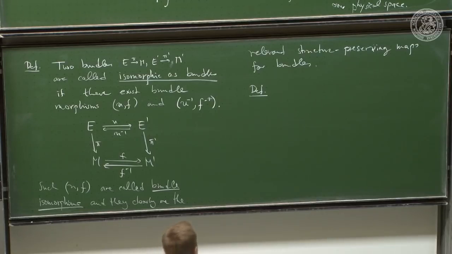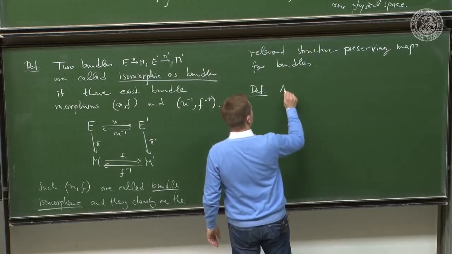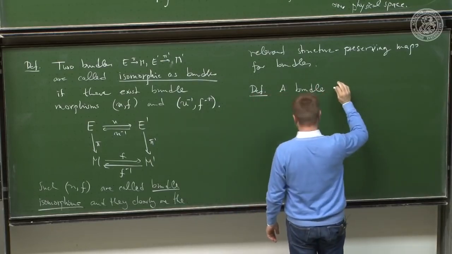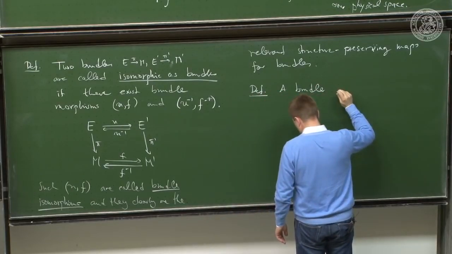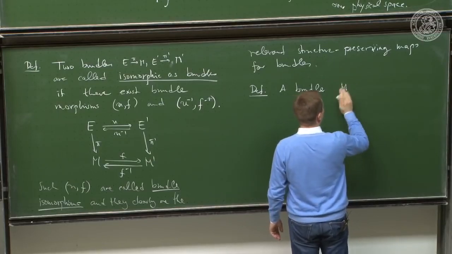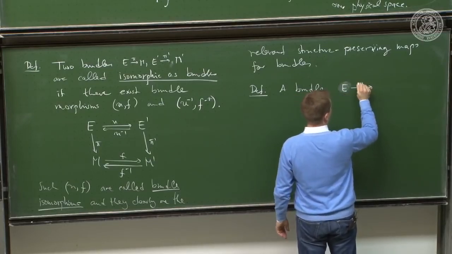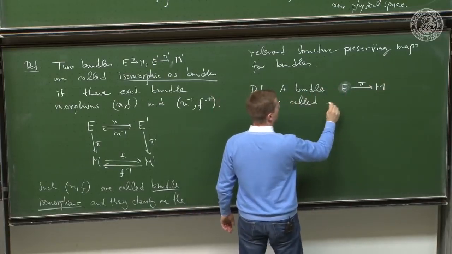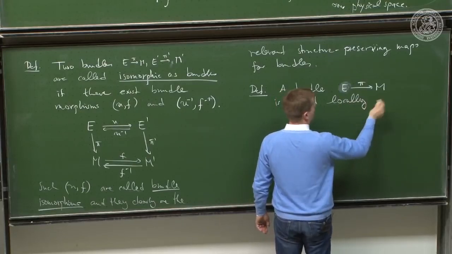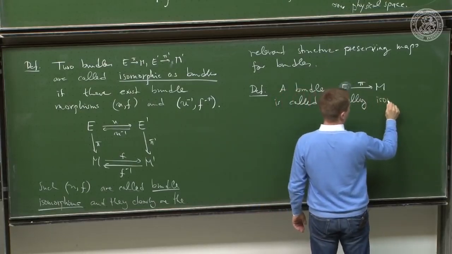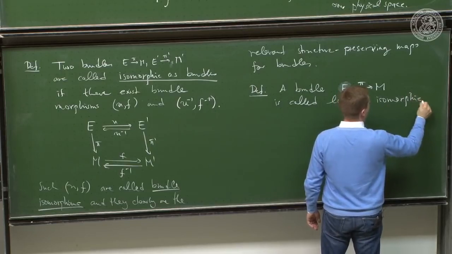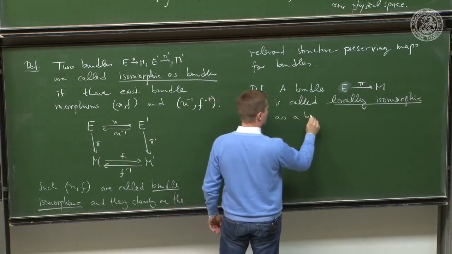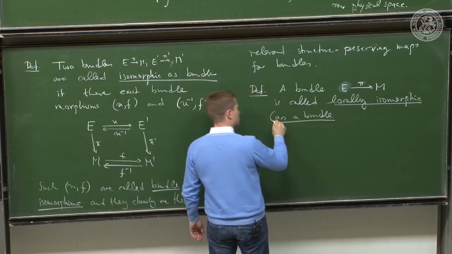Okay, so definition: a bundle E, pi, M is called locally isomorphic as a bundle. I read out locally isomorphic as a bundle. Sometimes we suppress this.